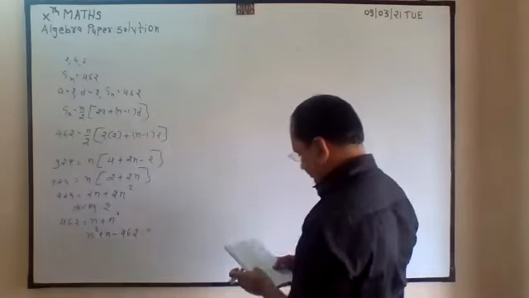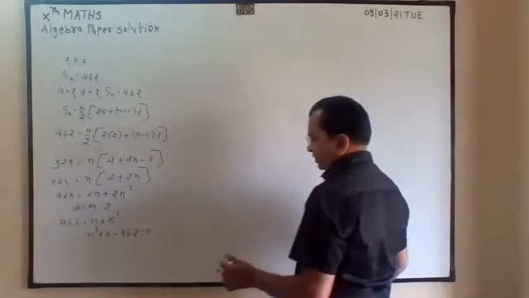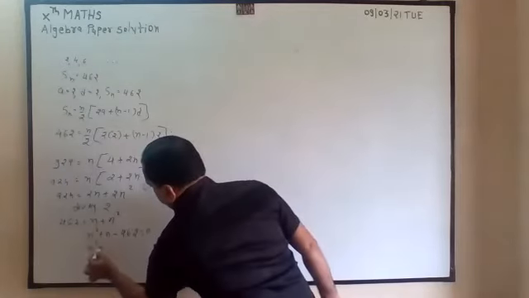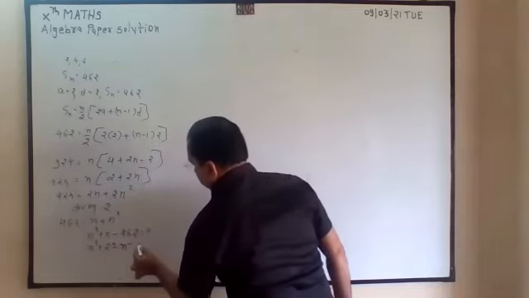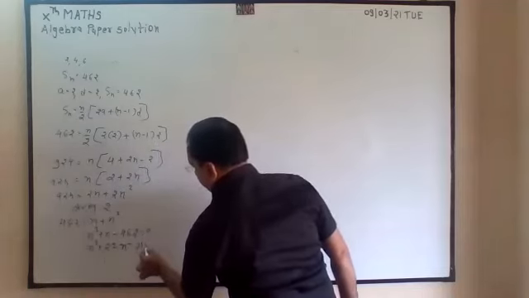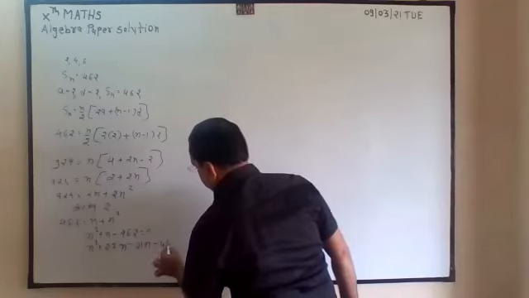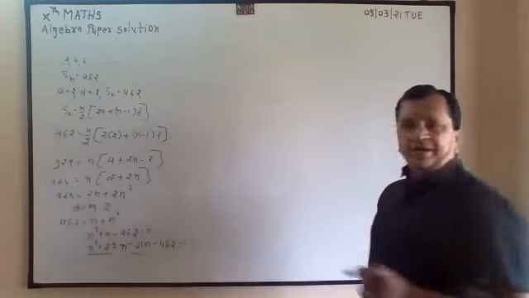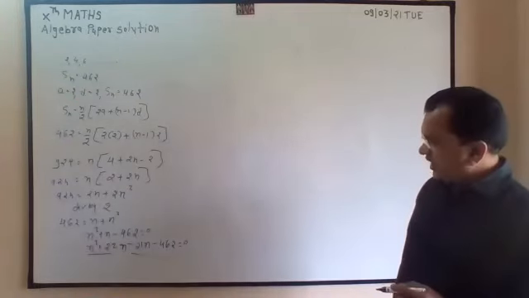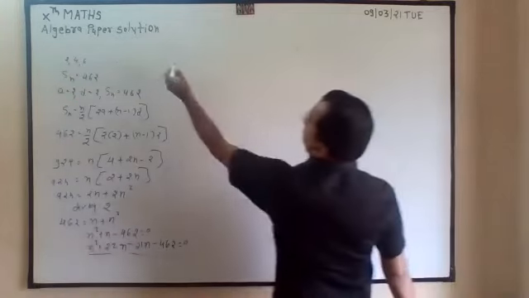Correct. So n square minus 21n plus 22n minus 462. 22 into 21, that is 462.